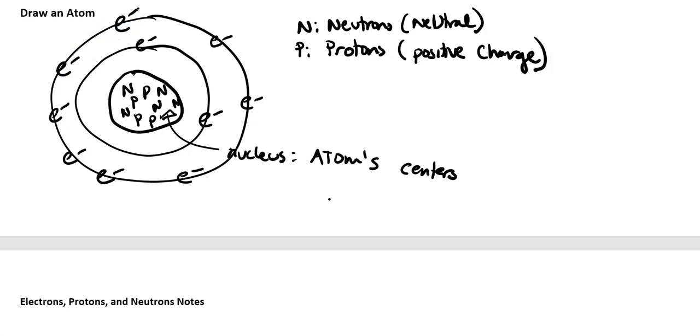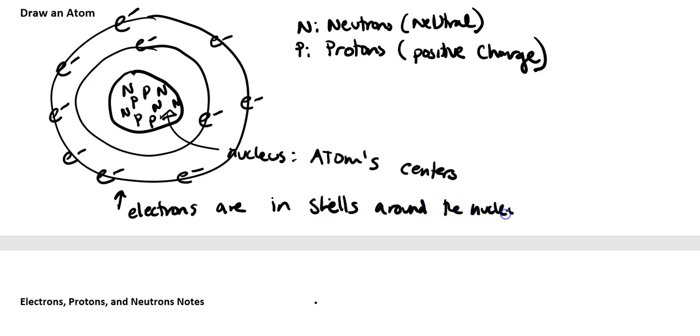It might not necessarily hold 8, but it could. The electrons are in shells around the nucleus. The neutrons and protons, keep in mind, have more mass than electrons. Electrons are not very massive.